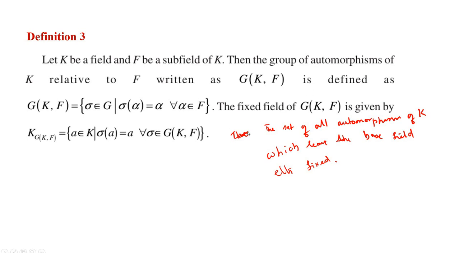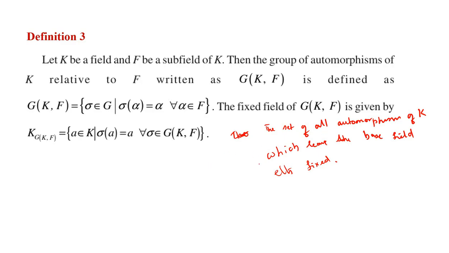Now we describe the fixed field of G. Here the fixed field of G(K/F) is given by all those scalars which are left fixed by all the automorphisms of G(K/F), for all sigma in G(K/F). Throughout the section, only two concepts will come repeatedly.